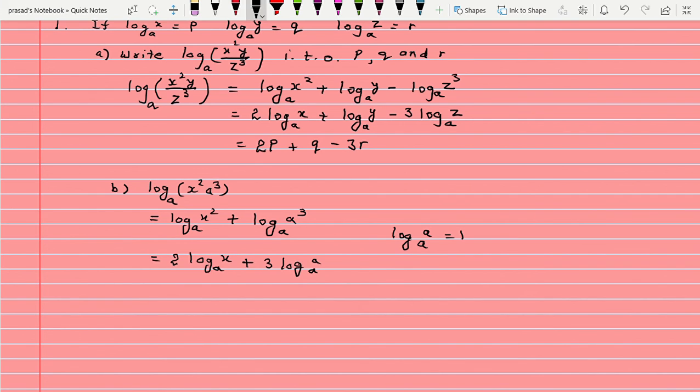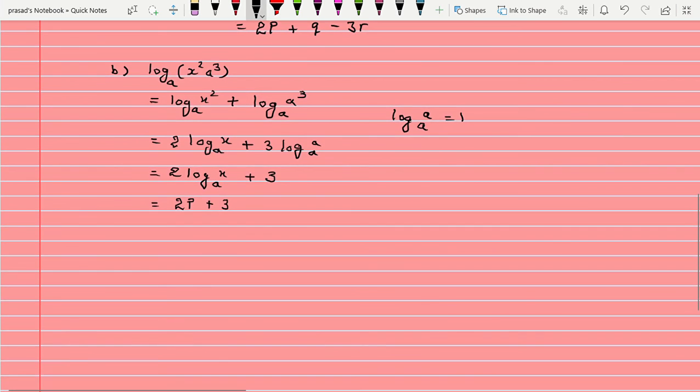So I will get here 2 log of x to base a, and plus 3 into 1, that is 3. So it will be 2 log of x to base a is p plus 3. So in terms of p, I can write it as 2p plus 3. Okay.